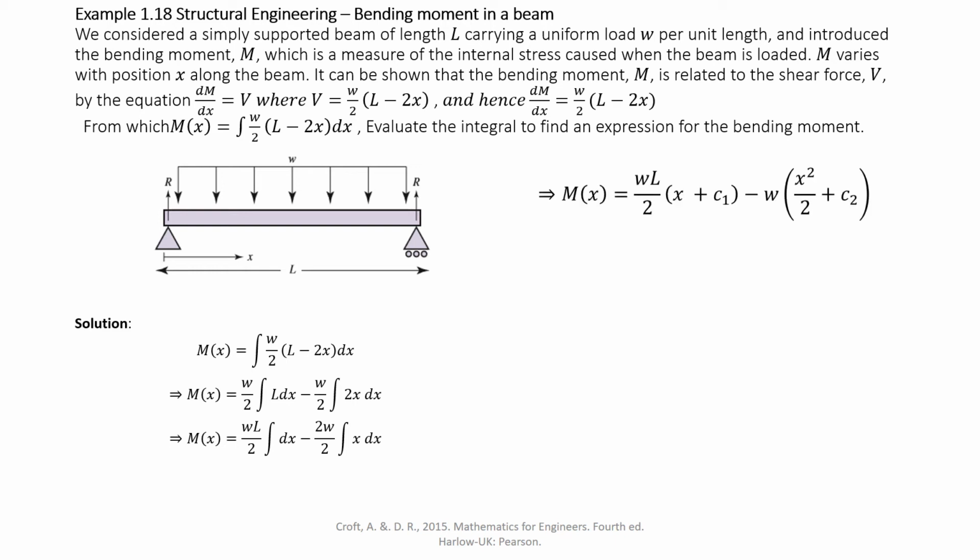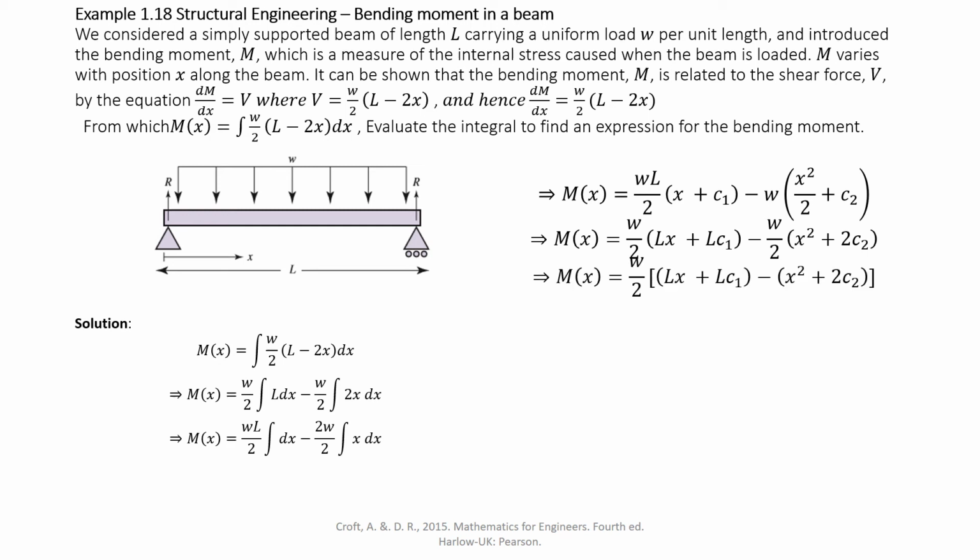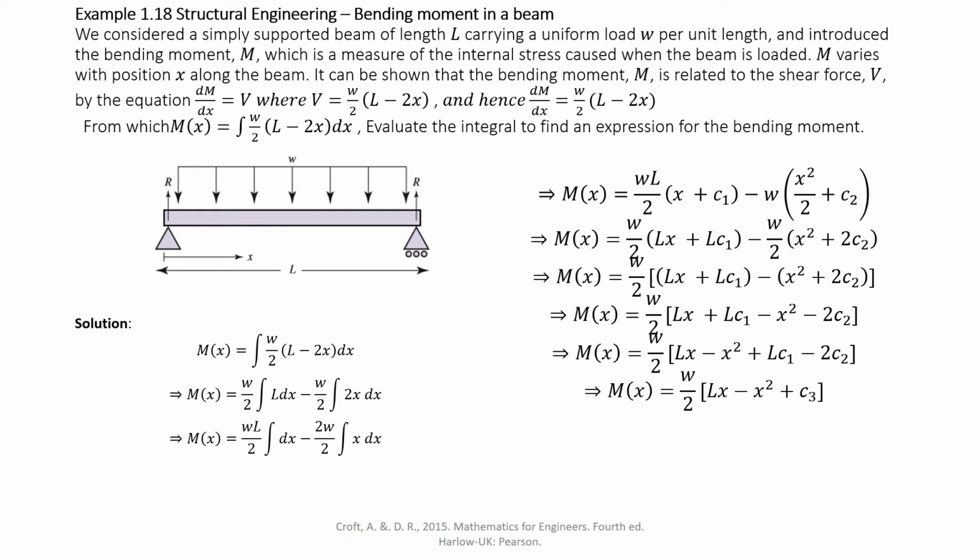Now using the rule, the first one doesn't have any variable, so I produced x according to rule 1, and the second one has got x, so its power will be increased and divided by 2, and then simplifying it, after further simplification, further, I made the x terms separate.